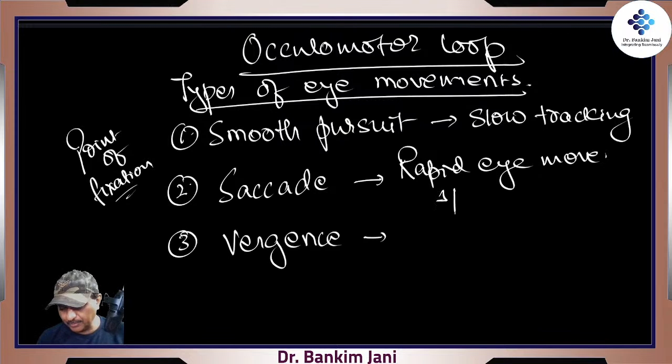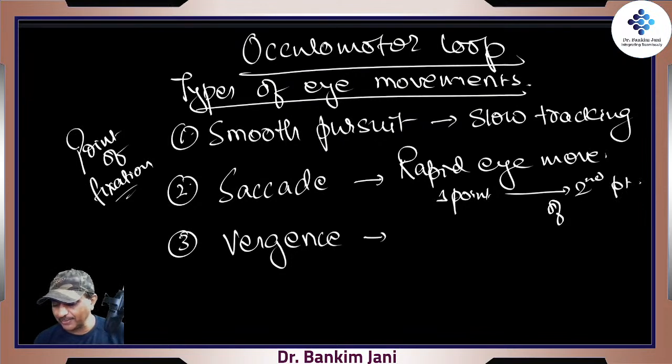So from one point to the second point of fixation, right? Normally we don't do this, but if it is to be done, we can do that. So this saccade is to be under our control, and it is completely okay, right?